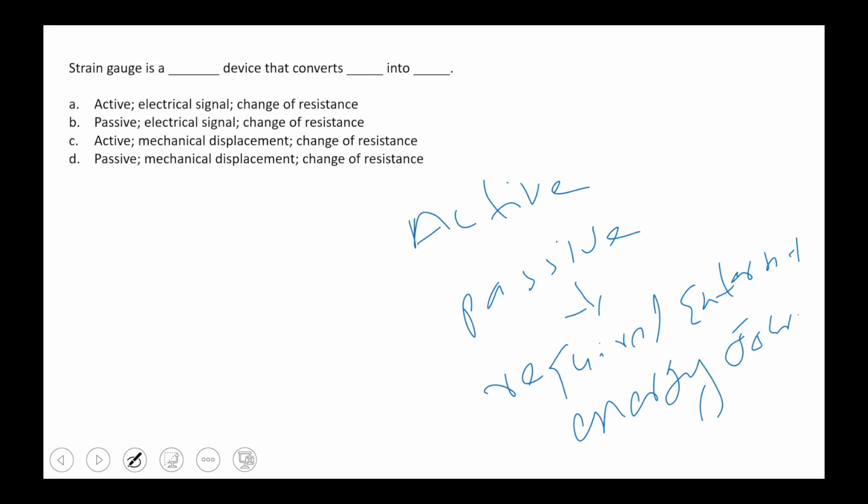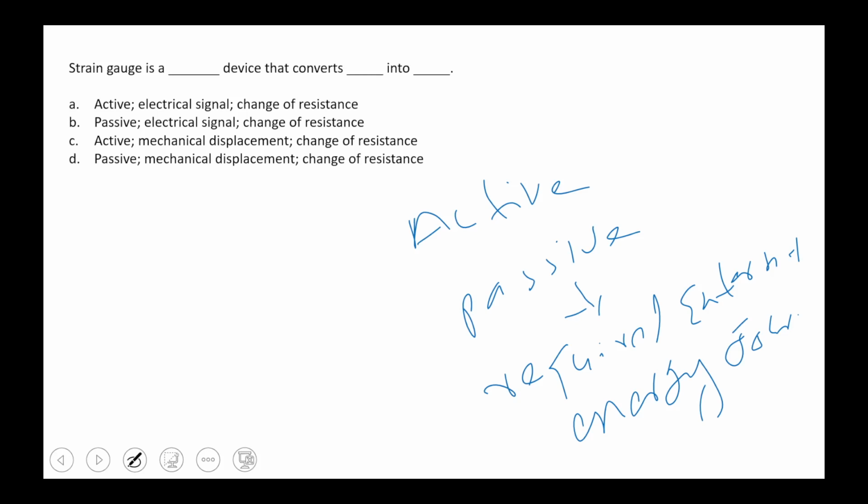Means we have to bias them with an external power supply. Active means it will generate its own supply. Like resistors, inductors, capacitors require an external power supply to operate. Like transistors and op-amps, they generate their own energy. They are self-powered, so we do not have to supply any external power supply to them.